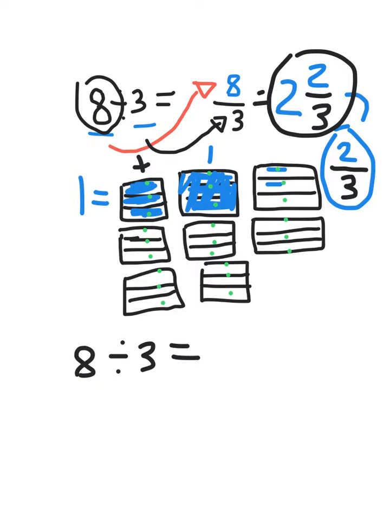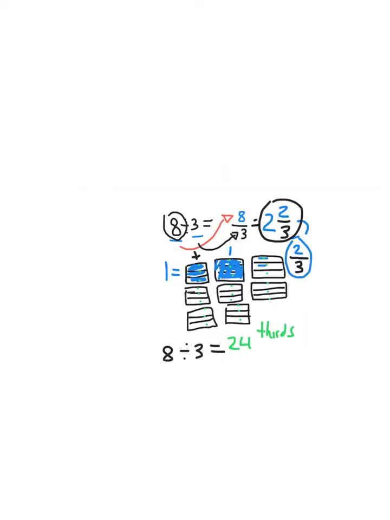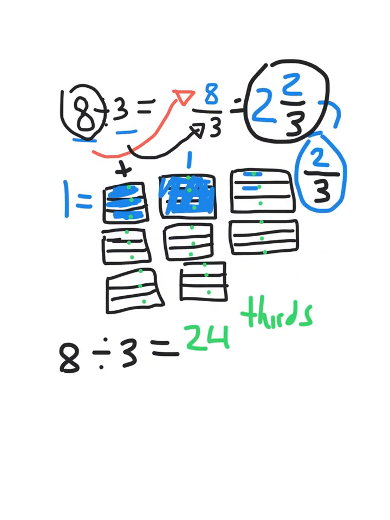So we're going to put 24 thirds divided by 3. Okay, we have 24 thirds total. 24 divided by 3 is 8. So I'm going to put right here 8 thirds.